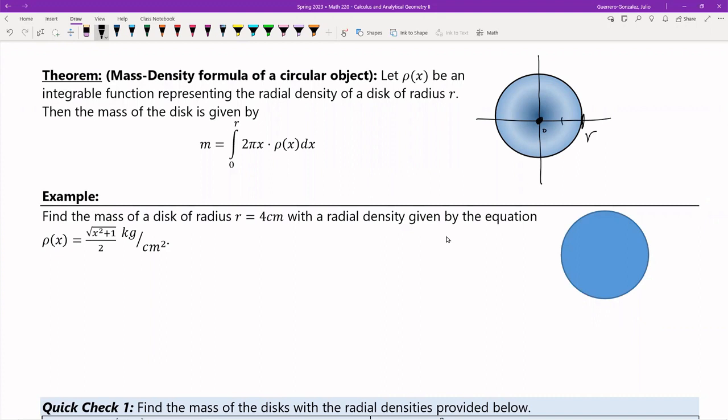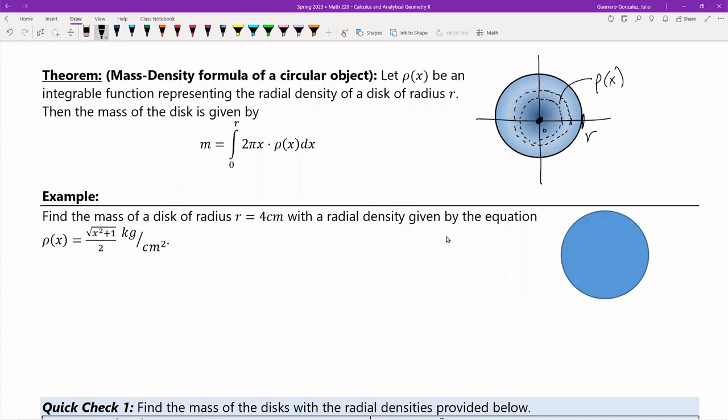Depending on how far out you went, let me draw some dotted lines here. So this is defined by rho of x.